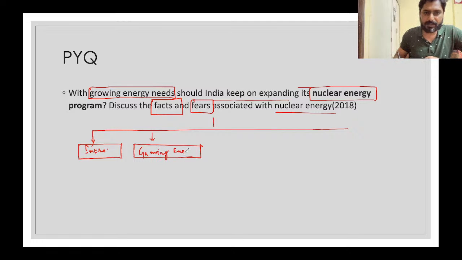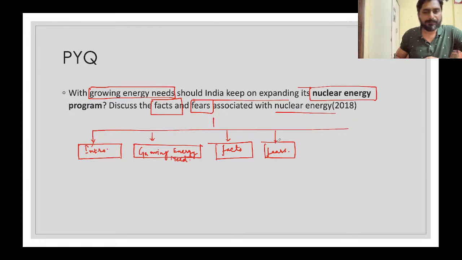Is there a growing energy need? If there is, then how can we justify this? We have to discuss the facts of nuclear energy, and then the fears of nuclear energy.